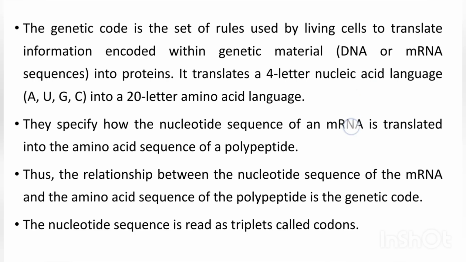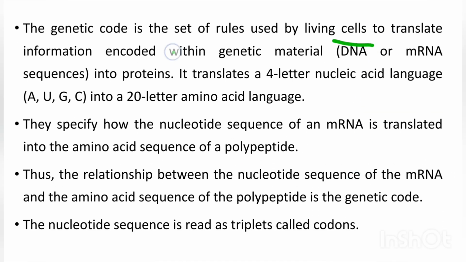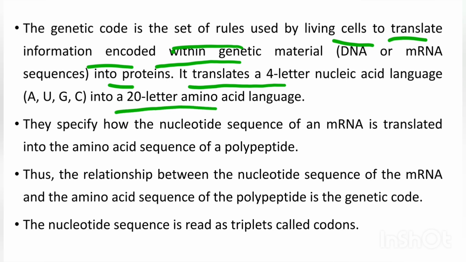The genetic code is the set of rules, or set of nucleotides, used by living cells to translate information encoded within genetic material into protein. It translates a 4-lettered nucleic acid language into a 20-lettered amino acid language.